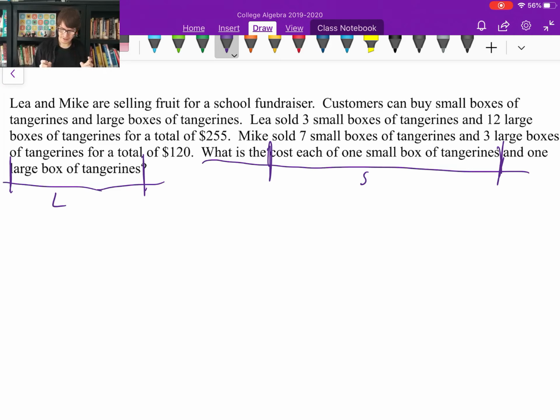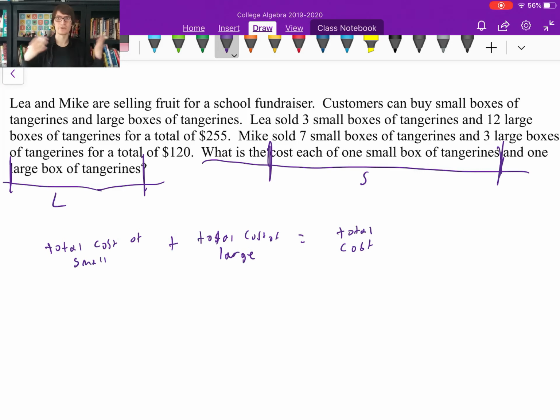If you sell 3 small boxes and 12 large boxes, and in total that costs $255, then the total cost of small boxes plus the total cost of large boxes should equal the total cost for tangerines.